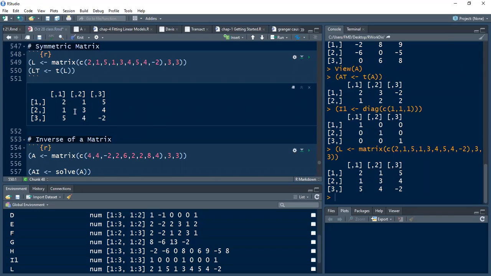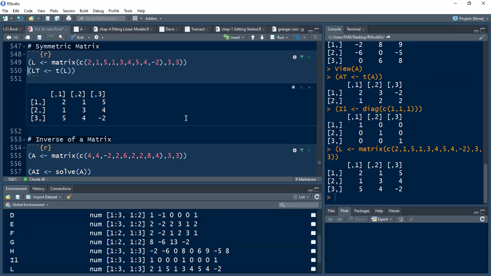Okay, so what do you notice about this matrix? You notice that they're mirror images. When I say mirror image, this element is first row, second column, which is 1. Its mirror image is the second row, first column. So you just interchange the row and column position.